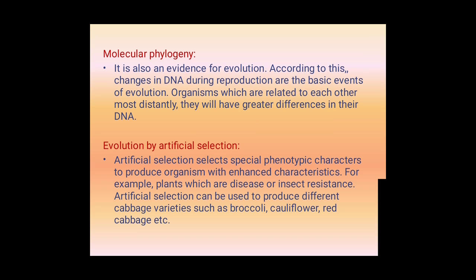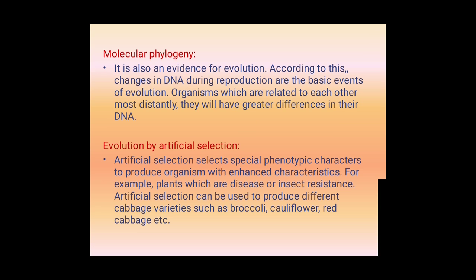Evolution by artificial selection. Artificial selection selects special phenotypic characters to produce organisms with enhanced characteristics. For example, plants which are disease or insect resistant. Artificial selection can be used to produce different cabbage varieties such as broccoli, cauliflower, and red cabbage.